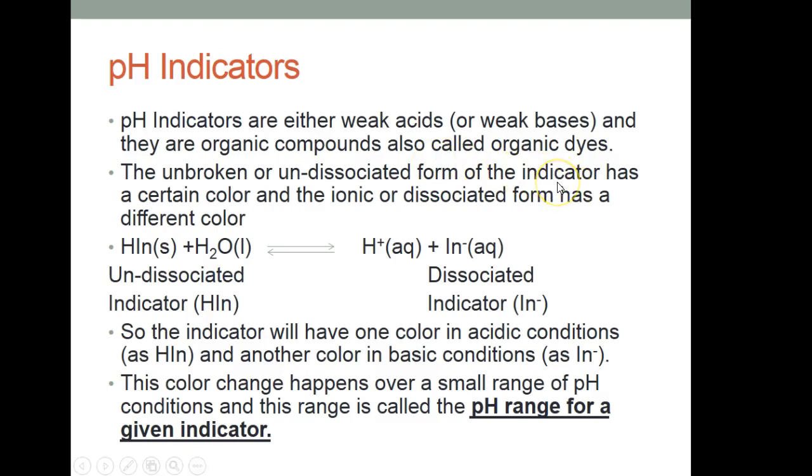The indicator is an organic dye, and in most cases, an indicator is either a weak acid itself or a weak base. For example, if I use the general formula for an indicator as HIN, where the H part is that proton, the HIN indicates that the indicator is a weak acid.